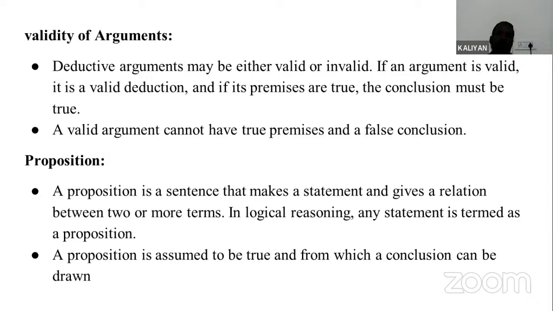If the argument is valid, it is a valid deduction. If its premises are true, the conclusion must be true. A valid argument cannot have true premises and a false conclusion.